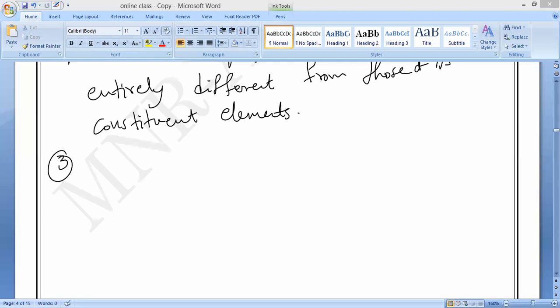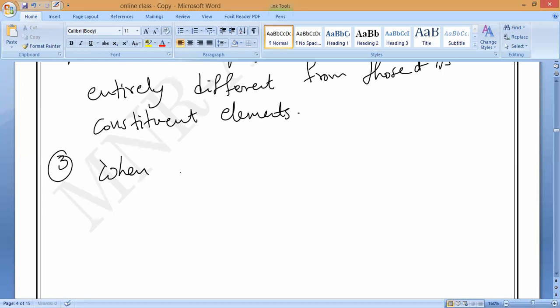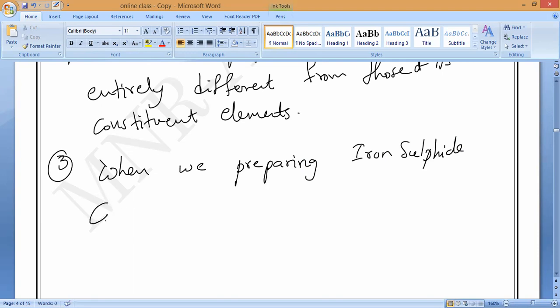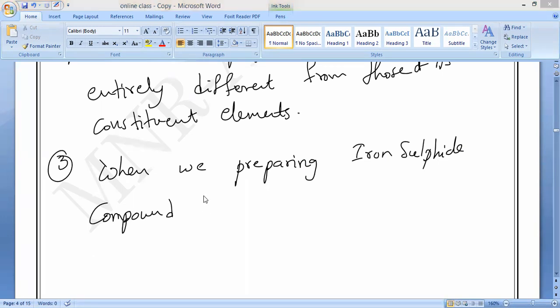When we are preparing the iron sulfide compound, from which elements is it prepared? From iron filings and sulfur powder.